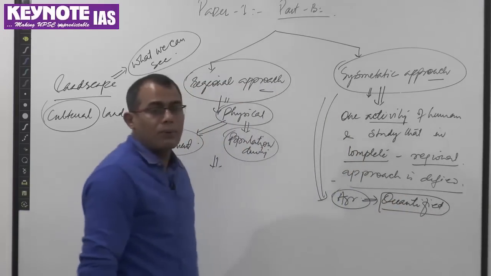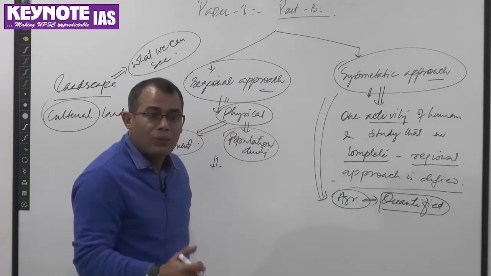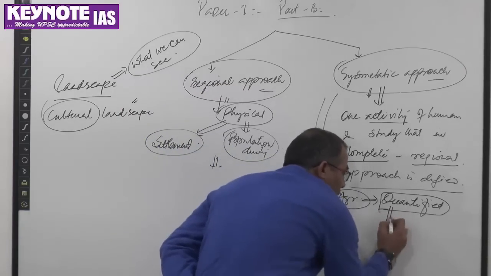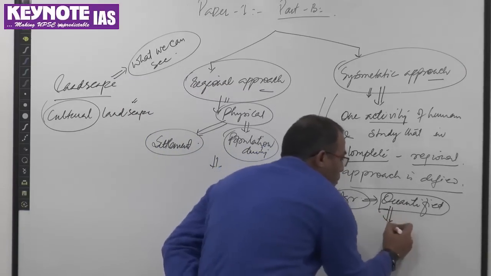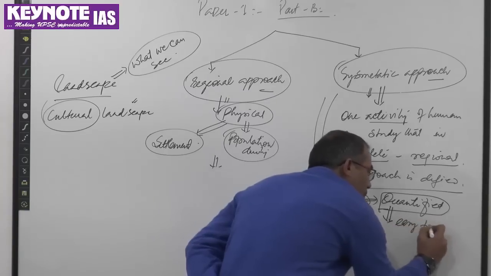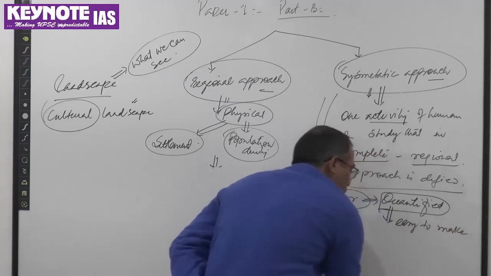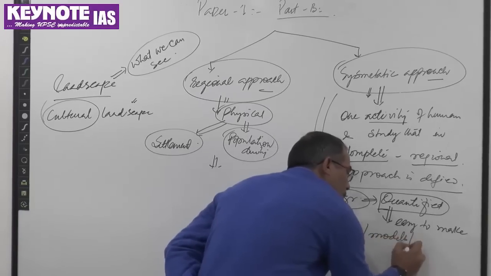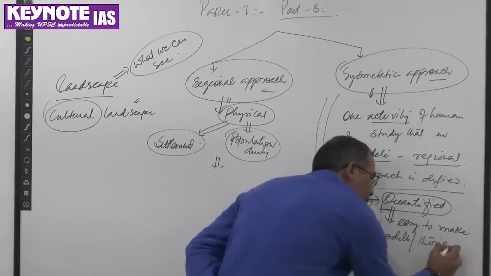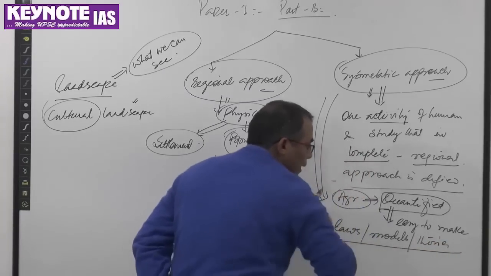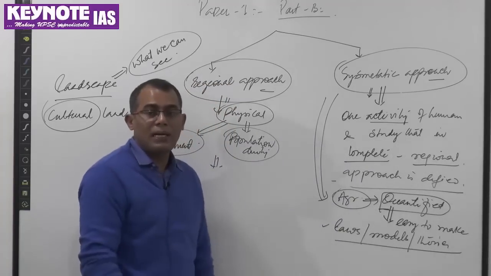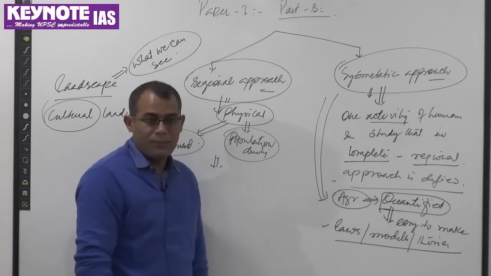Through a systematic approach, things can be quantified, and the moment you can quantify, it becomes easy to make laws, models, theories, which are very handy in a generalistic pattern to explain things and phenomena and man-environment relationship.